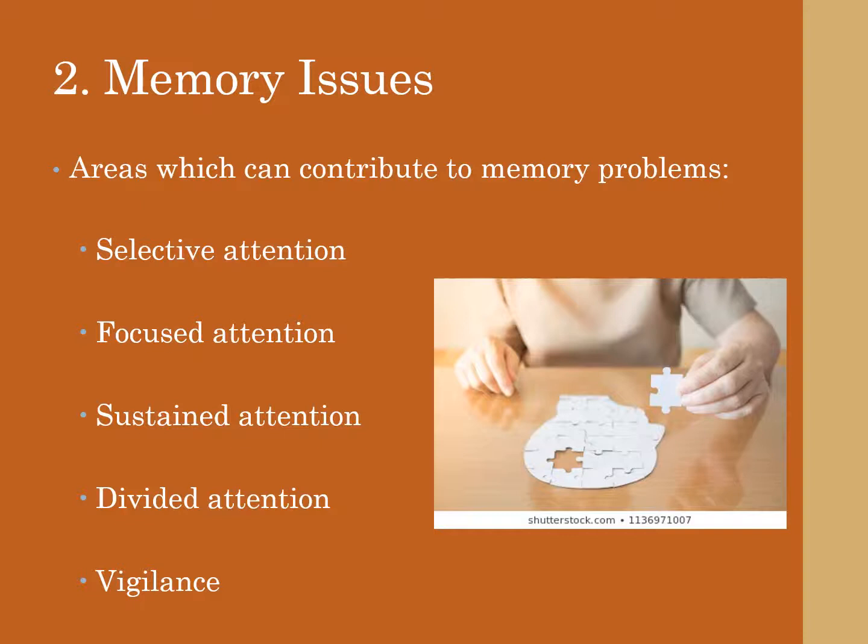For the management of memory issues, the team needs to look at the child's ability in each of these areas which can contribute to memory problems. First is selective attention, which is the ability to focus on what is important. Focused attention is the ability to complete a specific activity, often under a time constraint. Sustained attention is the ability to complete an activity, but more over time than what is required with focused attention.